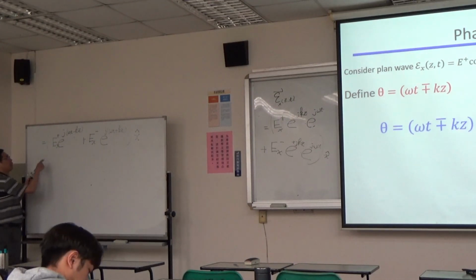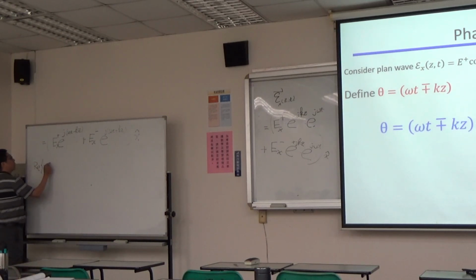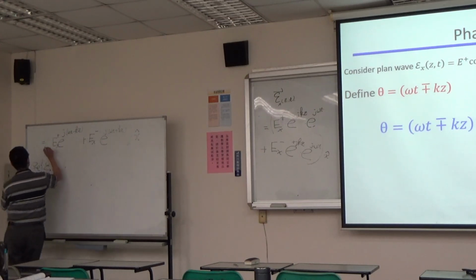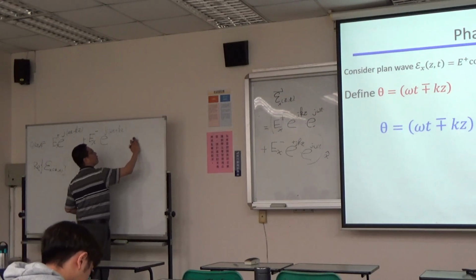You can take the real part of your total E. If I take only the real part of that, maybe I can check the vector way. I just want to see the function. Let me write down E of X, Z, T equals this one, and without the vector, I can write it like that.